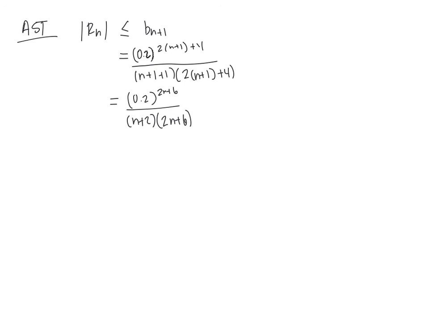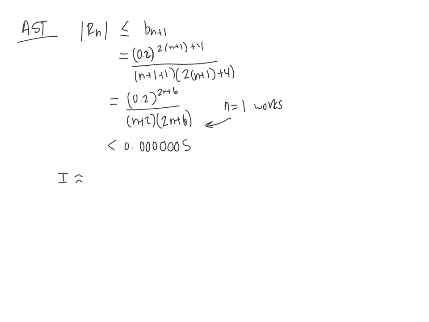And amazingly enough, n equals 1 works. So we need this to be less than 0.1, 2, 3, 4, 5, 6, and 5. And n equals 1 actually ensures that we do this. So then our integral I will be about equal to just the sum of the first two terms.